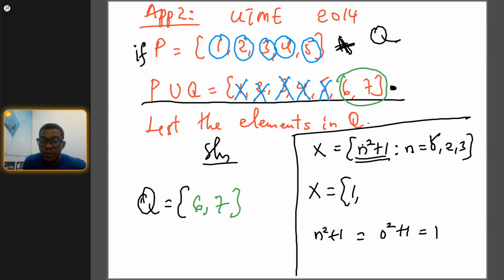You just have to replace these values into this expression, solve it, and your final answer will be the elements. So I'm waiting, what will be the second element?